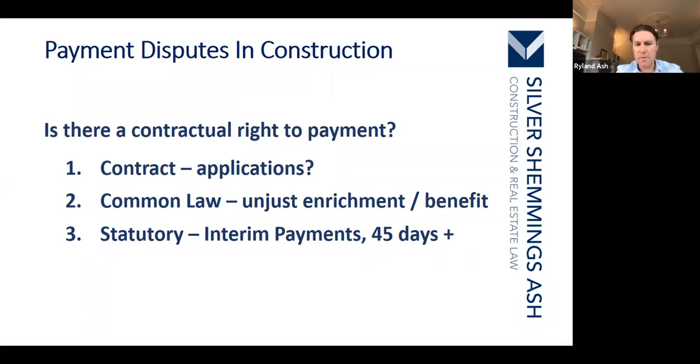So the principles of unjust enrichment: you can't be unjustly enriched by work that's been done for you, or unjust benefit. So you've had a benefit of somebody's work and you should be entitled to payment. The answer to the question as to how much you should be paid is that we go back to the wonderful roots of Roman law, and we look at quantum meruit, which is another common law doctrine, which says that you get paid as much as you deserve.